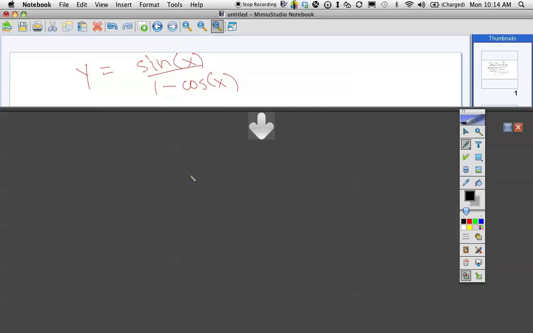Say that again. Cosine over a negative cosine would cancel out.